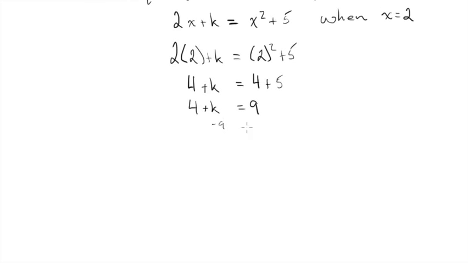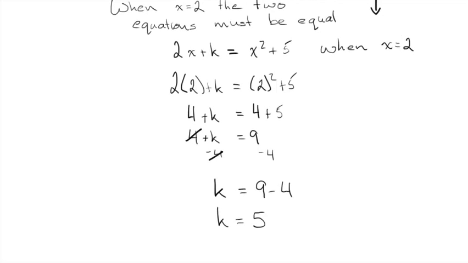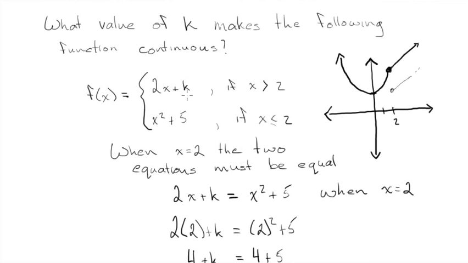We'll subtract 4 from both sides, so these two will cancel. So you get k equals 9 minus 4, and k would equal 5. So k equals 5, meaning the y-intercept here must have been 5.